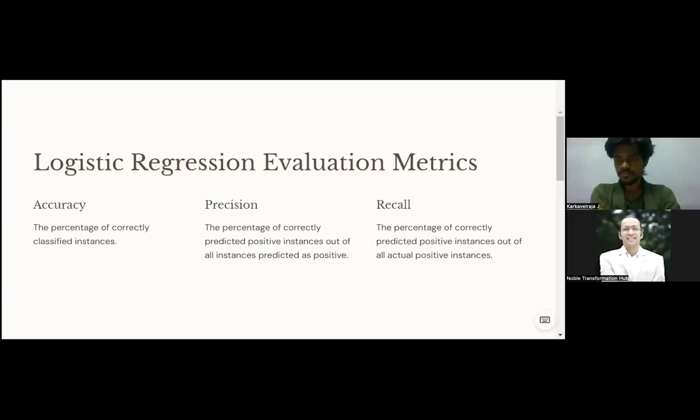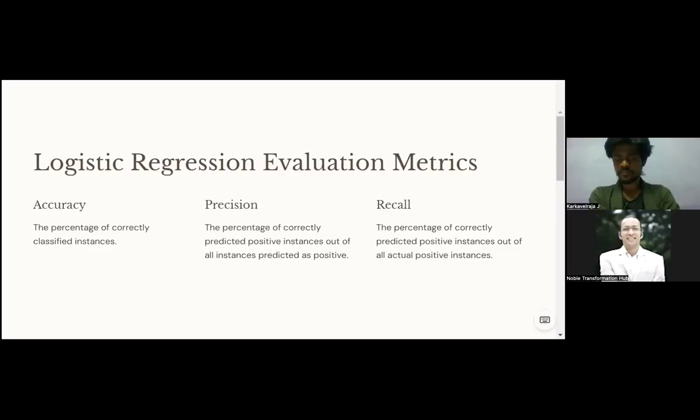Consider this like a Venn diagram. On one side you have accuracy, on the other side you have precision, and in between you have recall. So now you can visualize this. Accuracy is the percentage of correctly classified instances. You need to understand that.